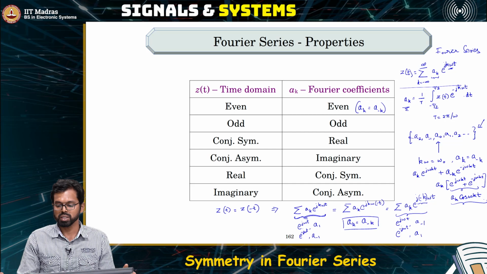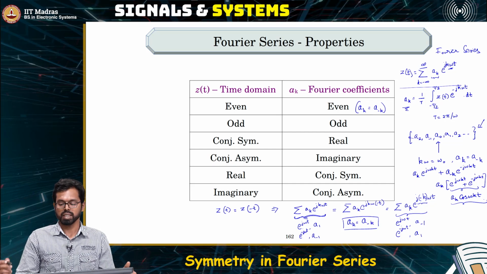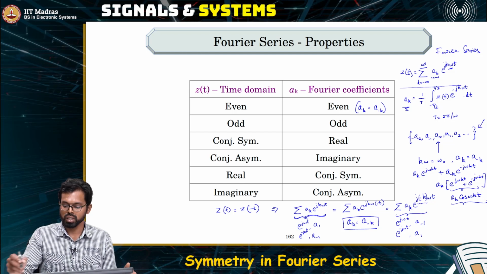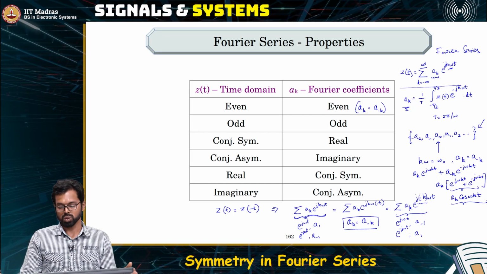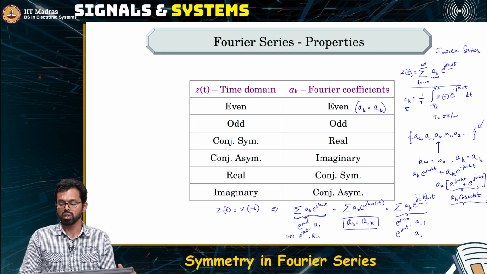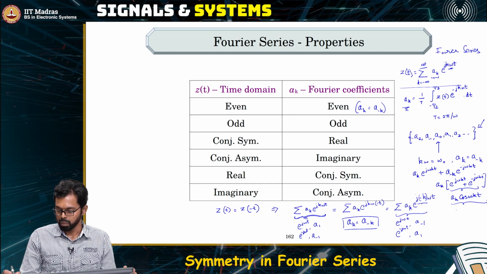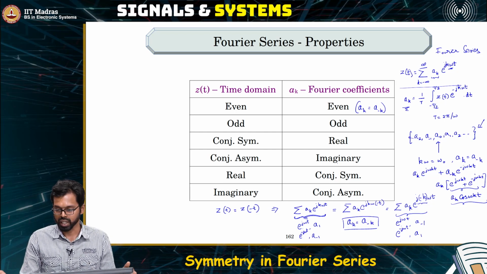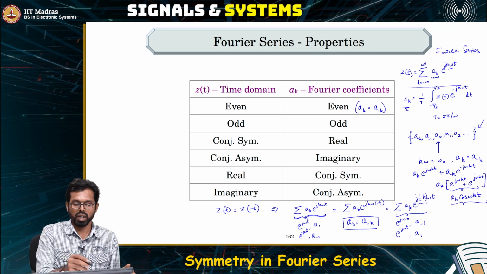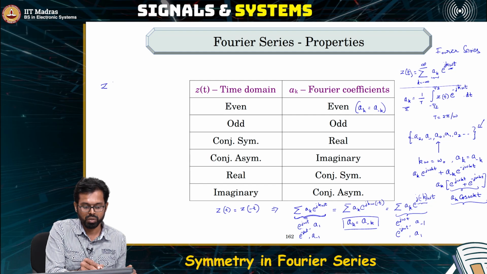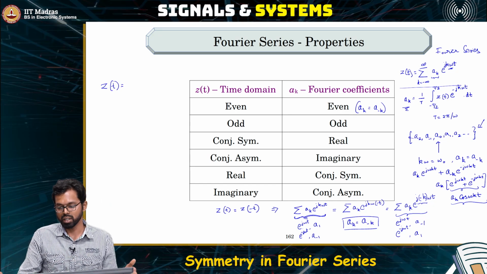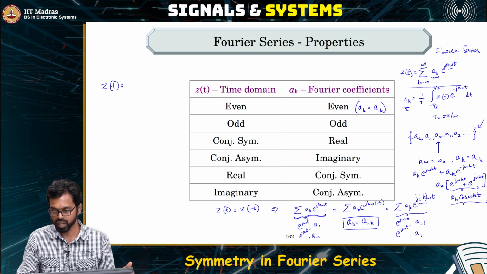So what this tells you is that if a signal z of t is even, then the Fourier series coefficients also form an even sequence. Not only that, by combining these coefficients of the positive frequency and negative frequency, we can in fact rewrite this Fourier series of z of t as completely a decomposition in terms of cos omega t.